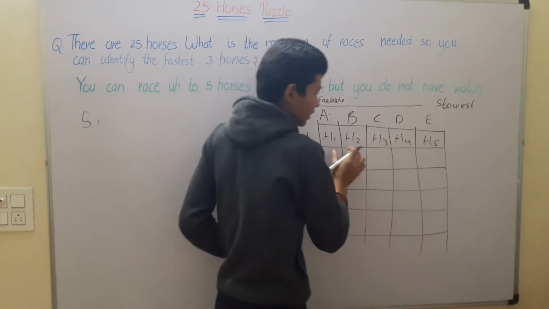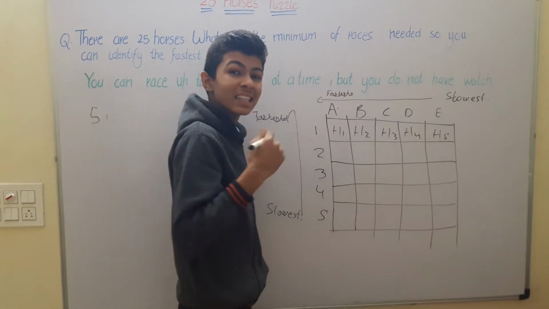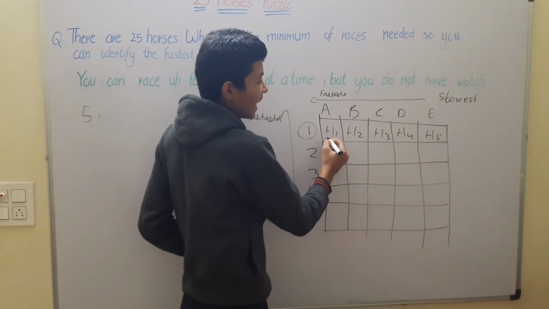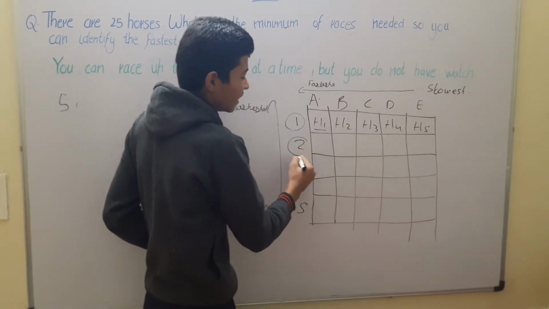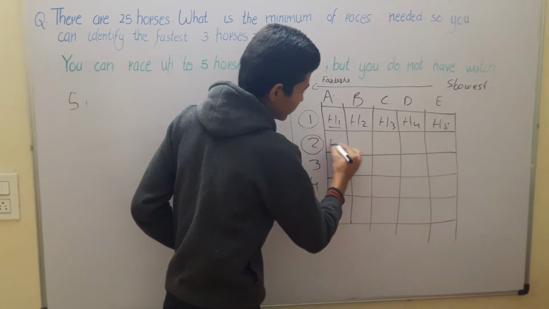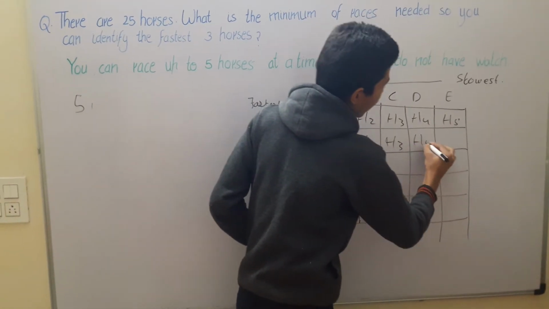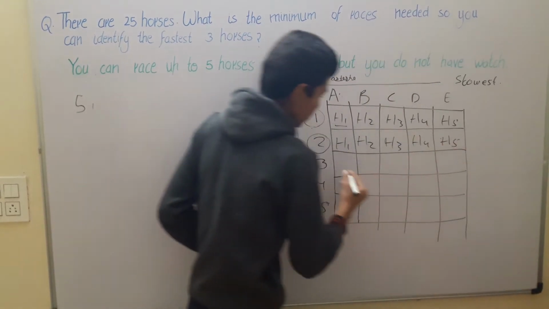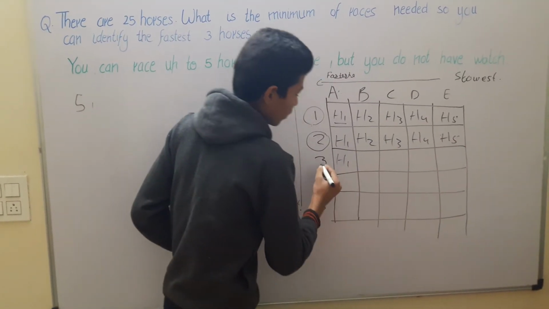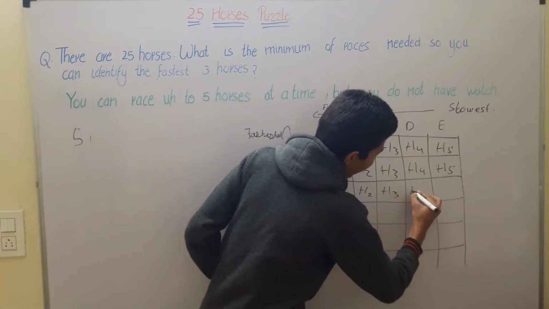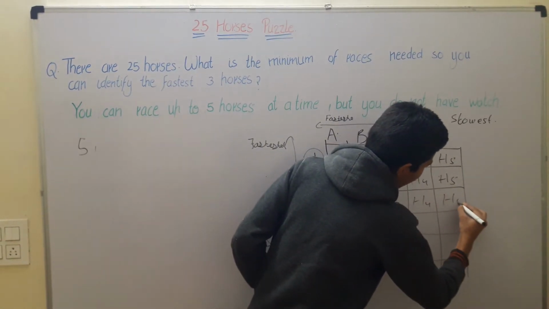The increasing number denotes increasing time. So the fastest horse of row A would be H1. In a similar way we conduct the race of the second row, with H1, H2, H3, H4, H5, and likewise for the third row.